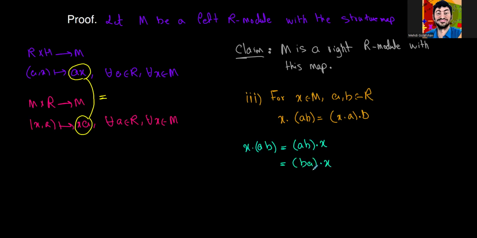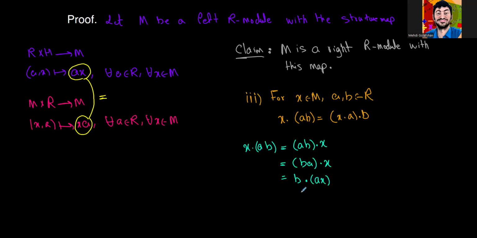They can be commutative. So right now, based on the assumption, we can write b times ax.